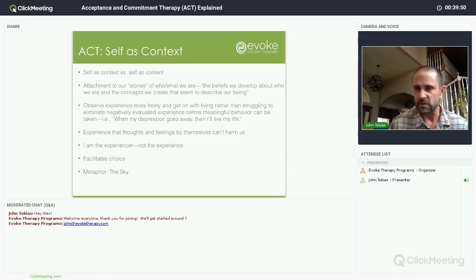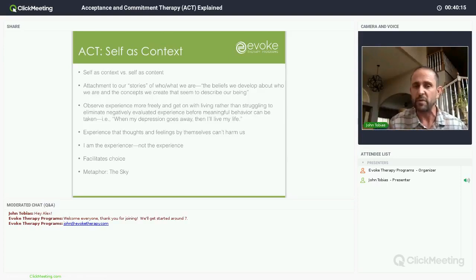I would say 9 out of 10 young adult clients will speak to me like that. It's because they've made this implicit assumption that until I can get rid of my difficult feelings, I just can't live my life. In other words, their internal experiences are dictating their behavior.